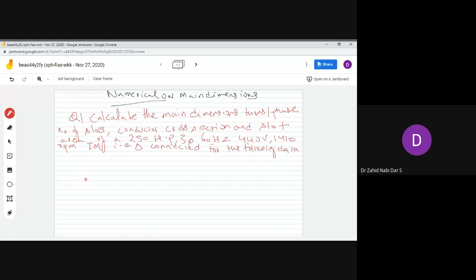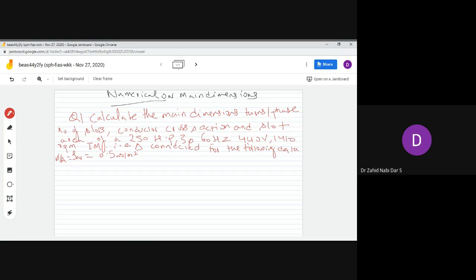So the data available with you is the average flux density, B average, which is equal to 0.5 Weber per meter square. This is average flux density, flux B average, which would be equal to flux by area. That you know already.